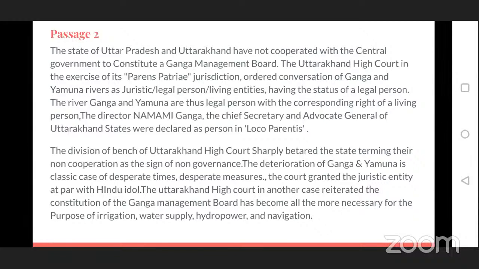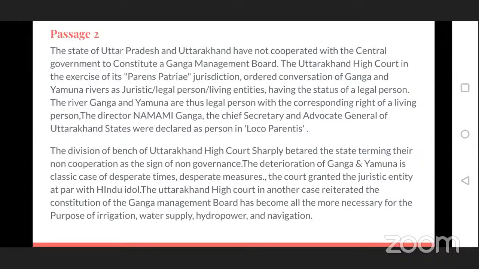The rights of Ganga and Yamuna are thus those of a legal person with the corresponding rights of a living person. The Director of NAMAMI Gange, the Chief Secretary, and the Advocate General of Uttarakhand State were declared persons in loco parentis.